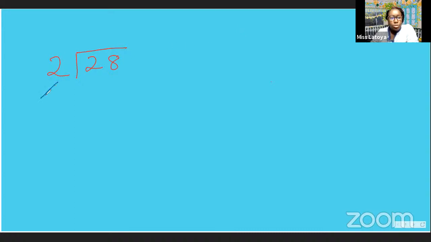This number here, this 2, is called the divisor. The 28 is called the dividend, and the answer or the result that we get is called the quotient. Let me write it down. All right, so these are the parts of a division question.